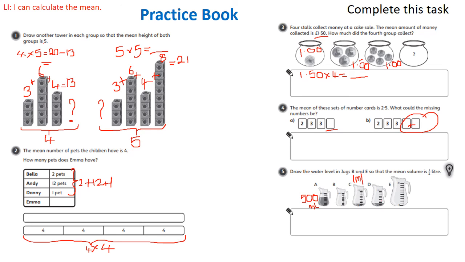And D is 200 millilitres. Look, that should say 100 there. So in total, you've got 5, 6, 7, 800 millilitres. Okay, that should help you work out the rest.